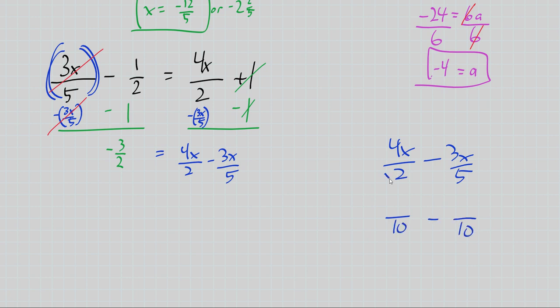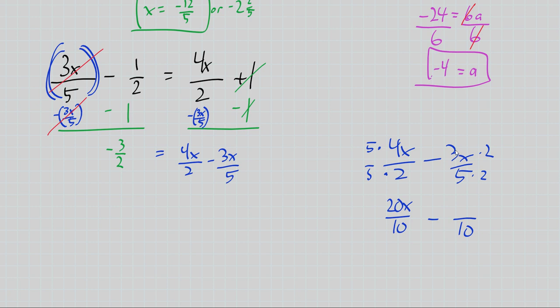How did I get from 2 to 10? I multiplied by 5, so I'll do the same thing on the top. I won't write an x for multiplication though, because that's just making things worse. 2 times 5 is 10, good. 5 times 4x is 20x. On the right side, how do I get from 5 to 10? Well, times 2. So I'll do the same thing. Times 2, times 2.